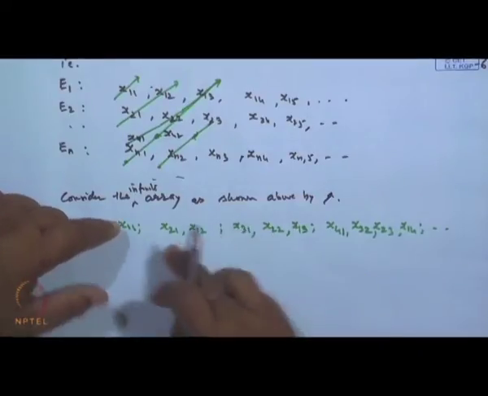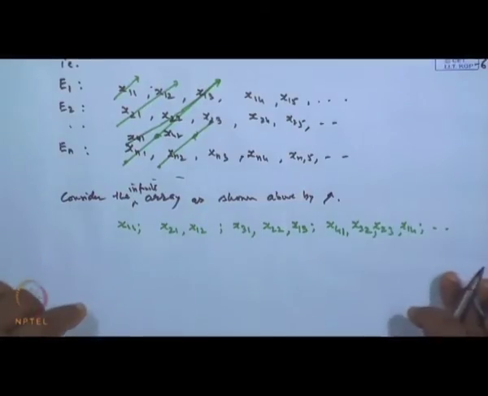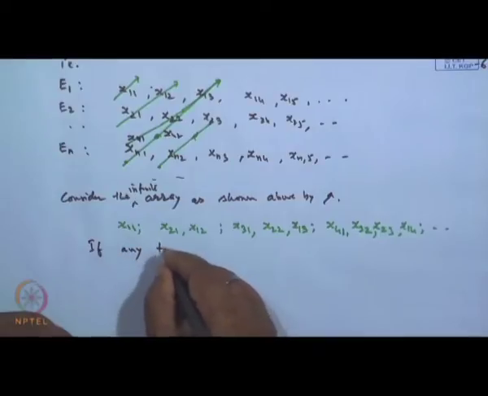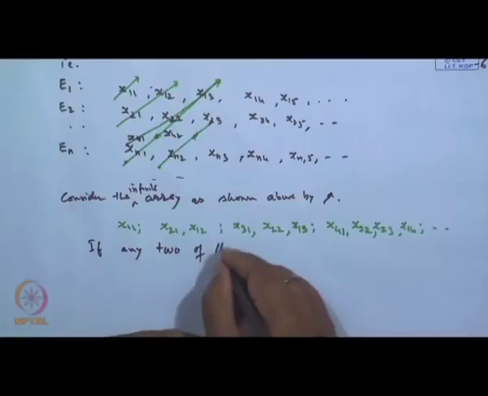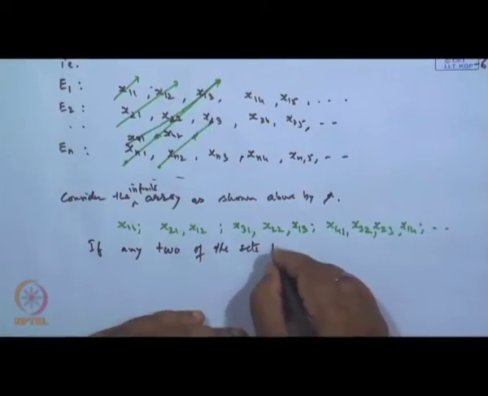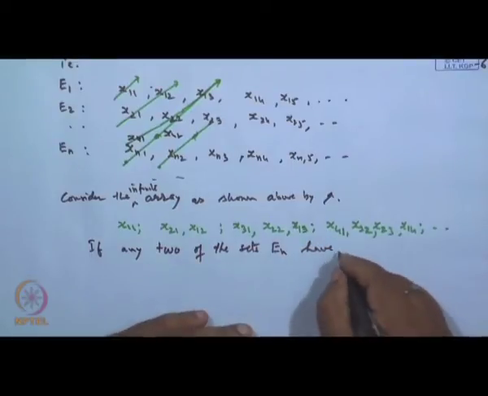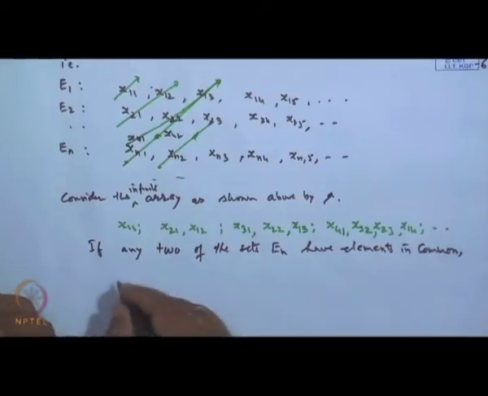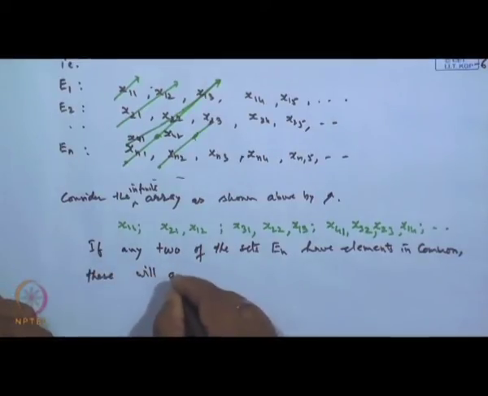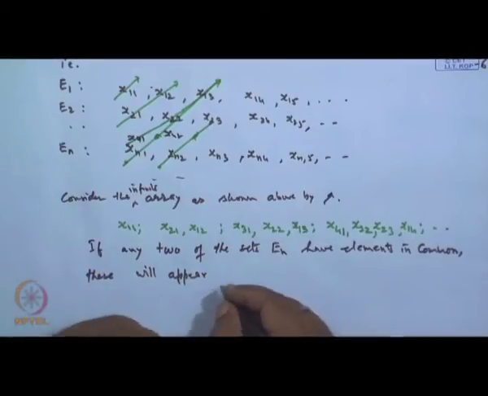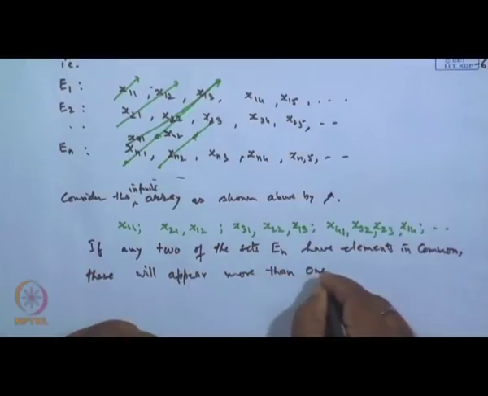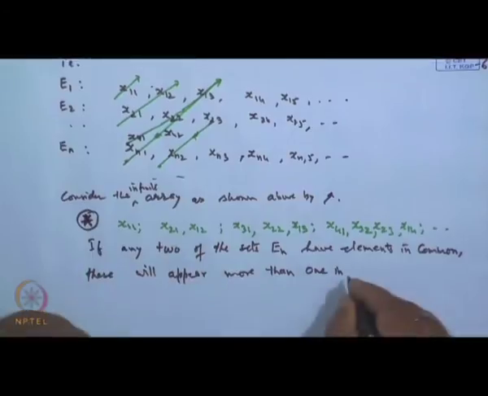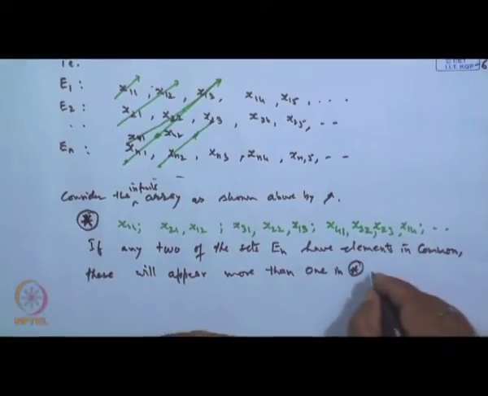We drop the common elements and make the correspondence with the set of positive integers. So, if any two of the sets E n have elements in common, then these will appear more than once in this arrangement, say star.